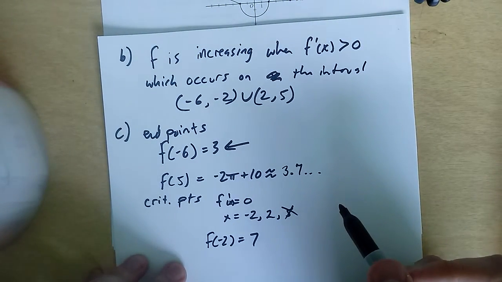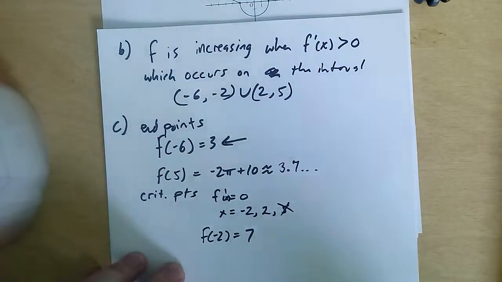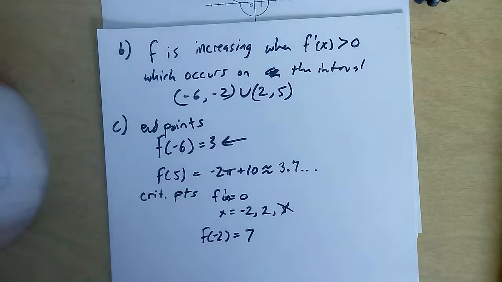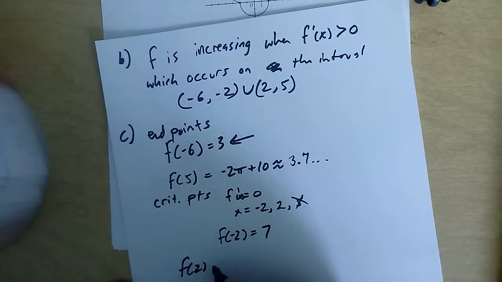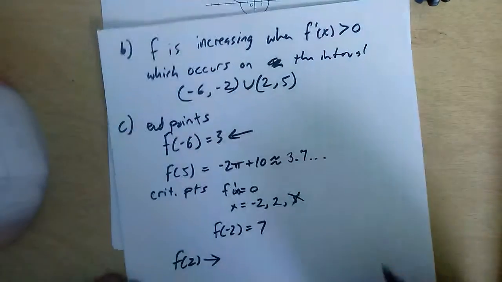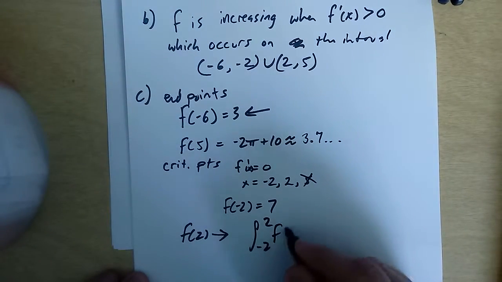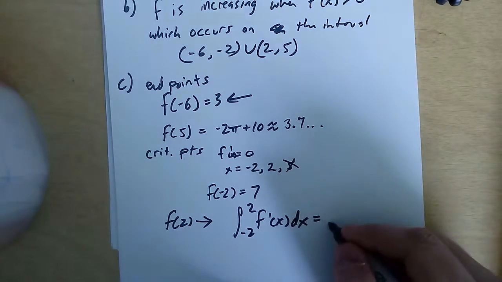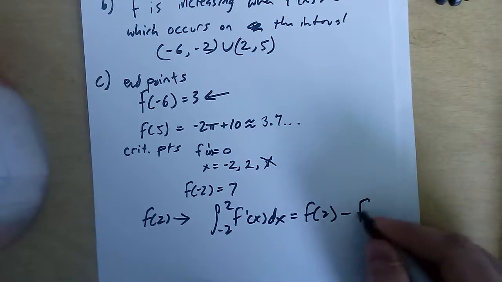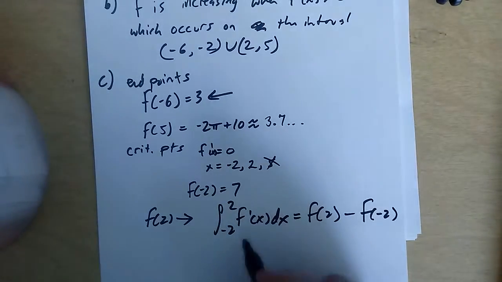Now, my bad, I'm sorry. We just got to check out what f of 2 is then. We can use that same idea. We know the integral from -2 to 2 of our derivative is going to be equal to f of 2 minus f of -2. We know that area is -2 pi.